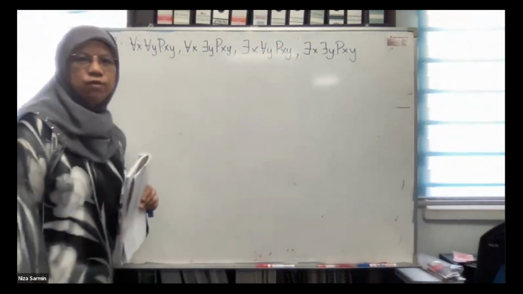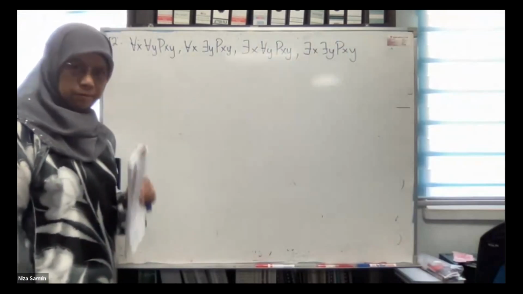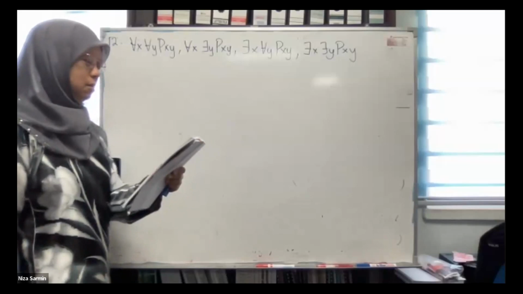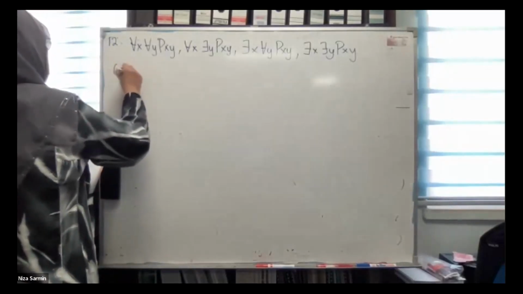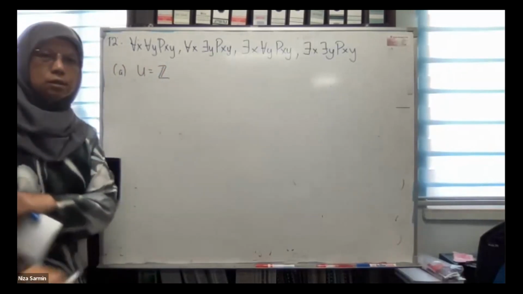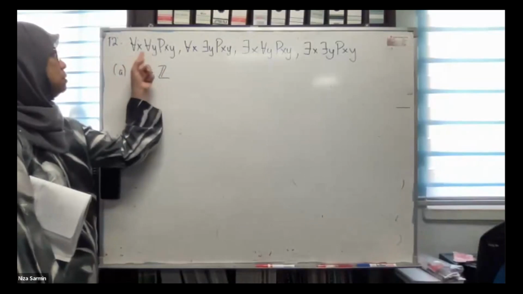We are not given the u in specific. The u is given in general. For part A, u is all integer. So you have to understand what this means.